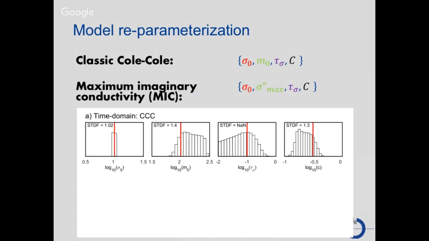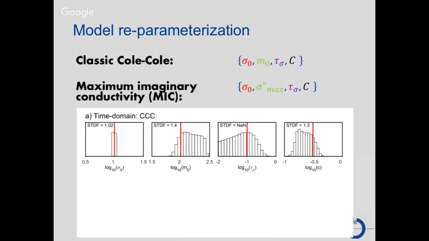So this is a homogeneous space, time domain, galvanic data, and these are the distributions of the 4 parameters: sigma 0, M0, tau sigma, and C. For M0, we have more than half a decade of equivalences, and this comes from the equivalences in C, because they are correlated. This is from an MCMC inversion, a Markov chain Monte Carlo inversion with 10 million repetitions of a homogeneous space.